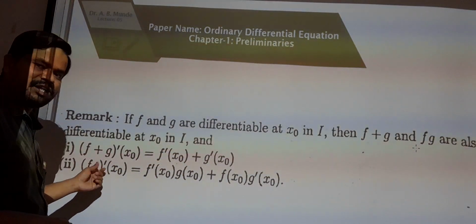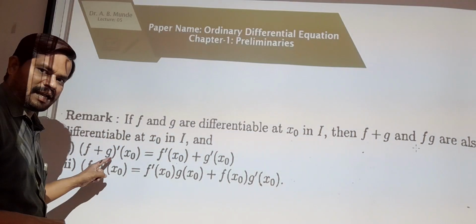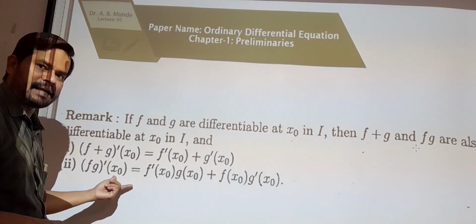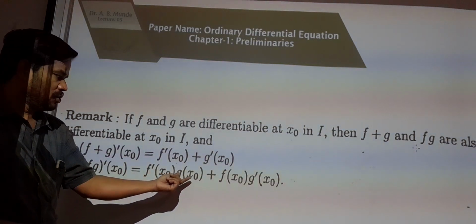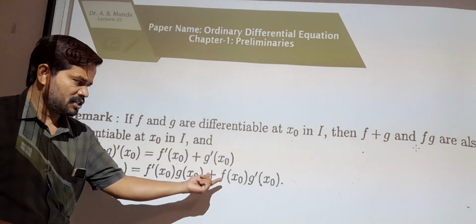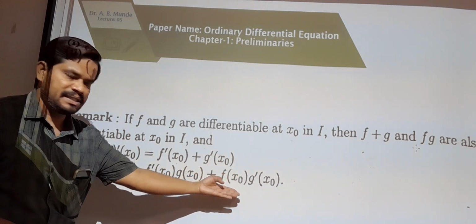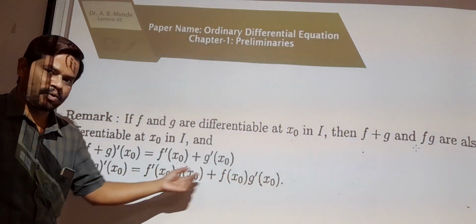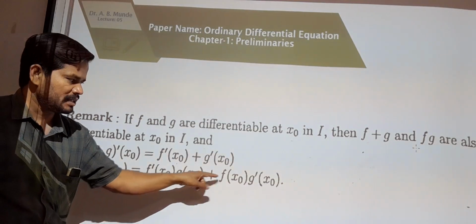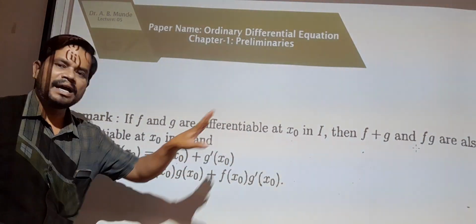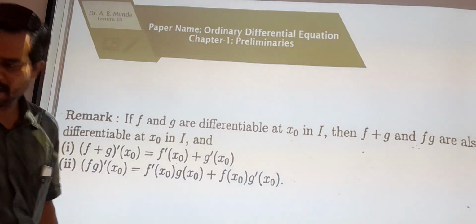The second one is the product: fg dash at x0 is equal to f dash of x0 into g of x0 plus f of x0 into g dash of x0. This is the product rule: the derivative of the first function times the second function as it is, plus the first function as it is times the derivative of the second function.